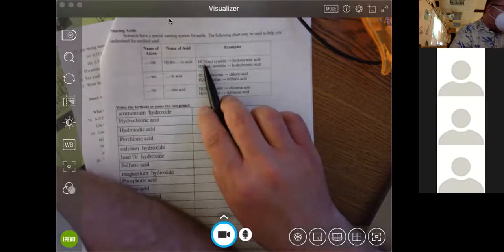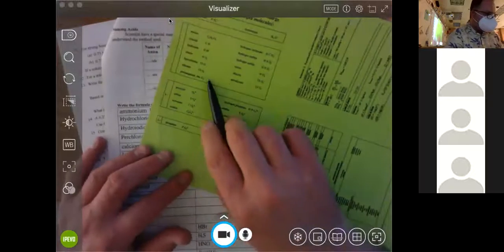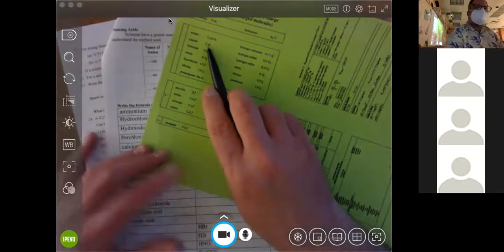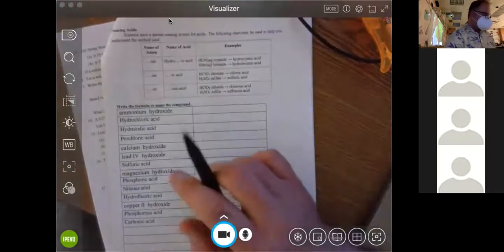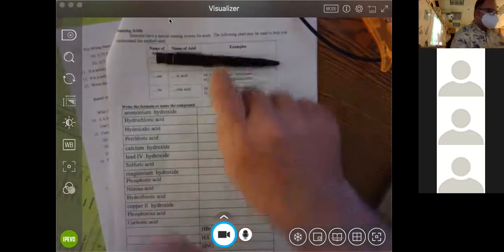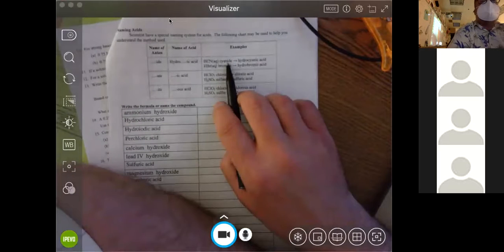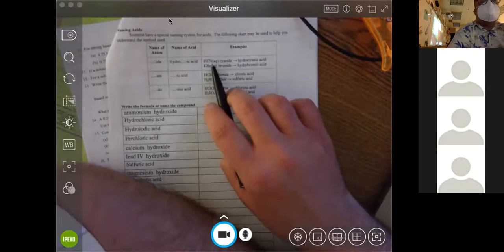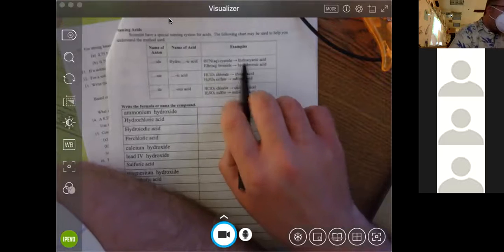Here we have cyanide, which is a polyatomic ion that can be found on the back of the periodic table. We change the -ide to -ic, and we put hydro in front of it, so it becomes hydrocyanic.